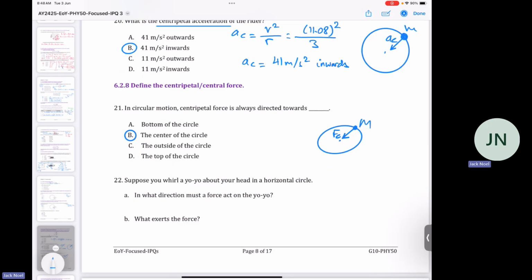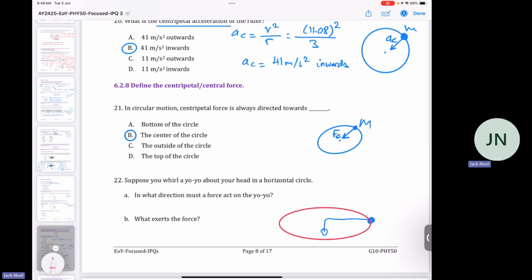Then suppose you whirl a yo-yo about your head. So let's say this is your hand. Here you have a yo-yo and you are whirling it in this direction like this. All right.